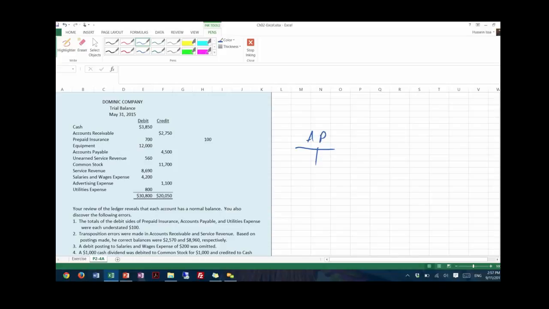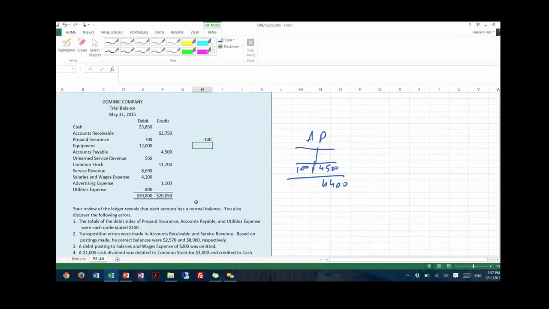The balance was 4,500, right? That's what's written. What did they tell you? That they omitted $100 from the debit side. You recalculate the new balance. What's the new balance? 4,400. So basically you have here minus 100.